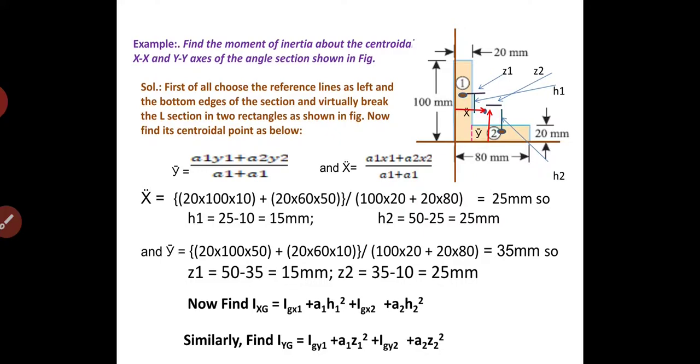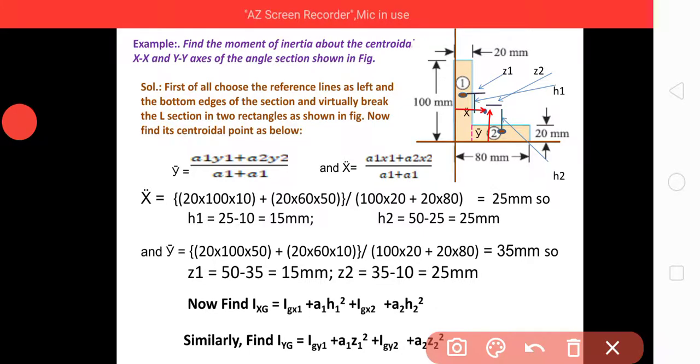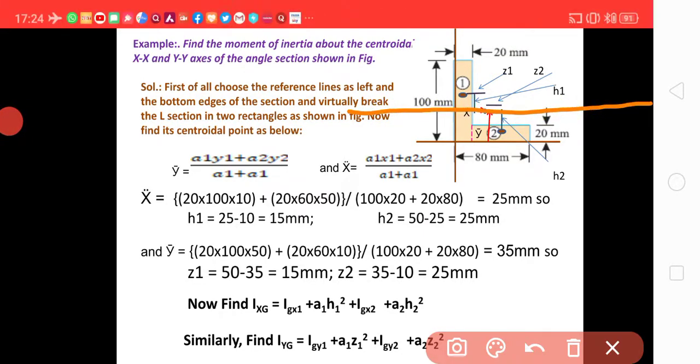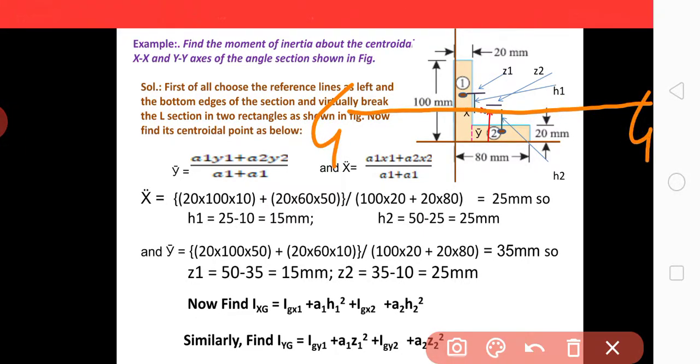Hence, now applying the parallel axis theorem, we know that Ixg, the centroidal axis, is GG, XG, this one.